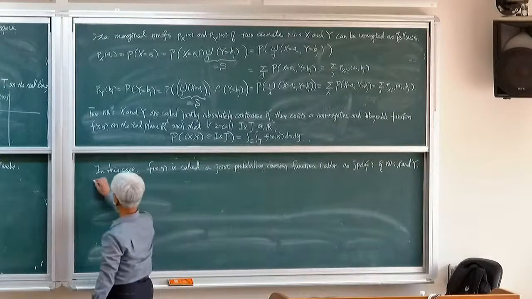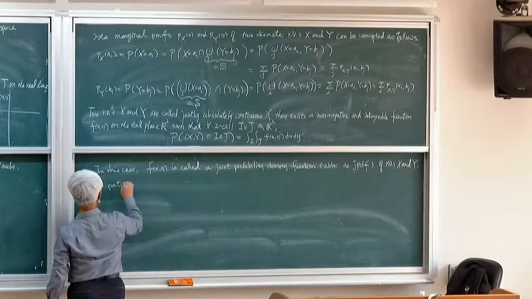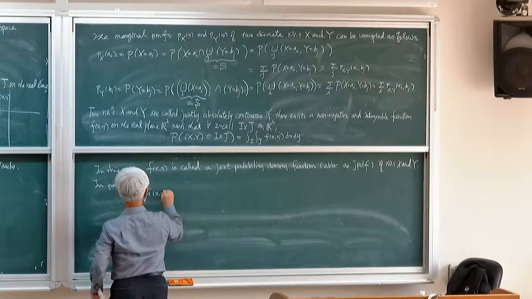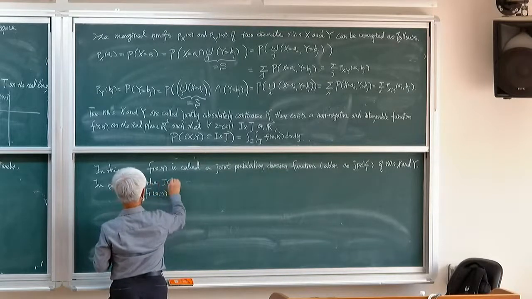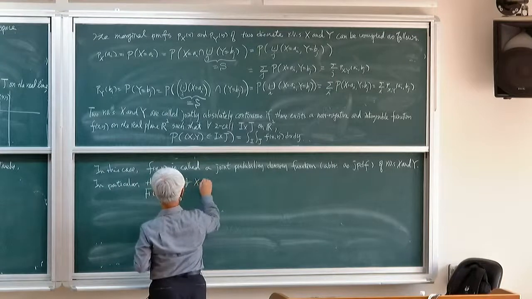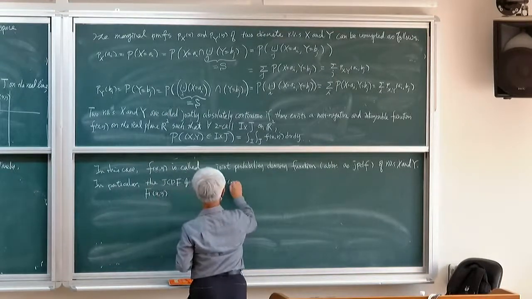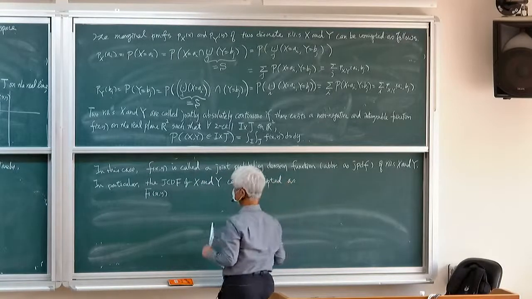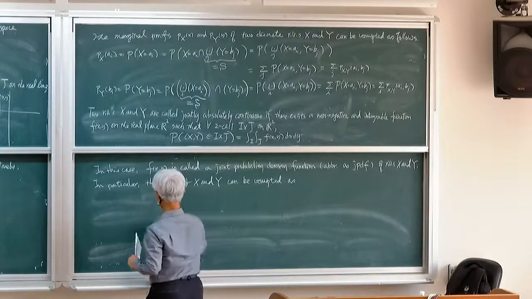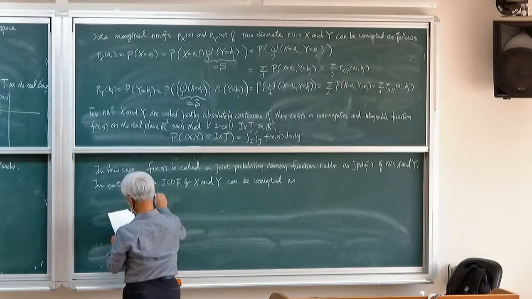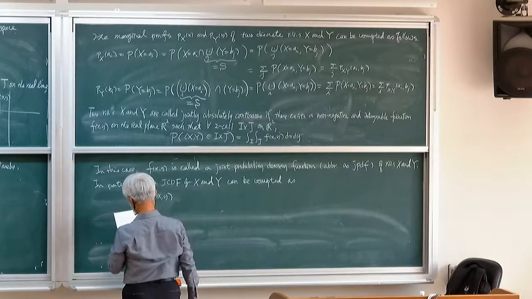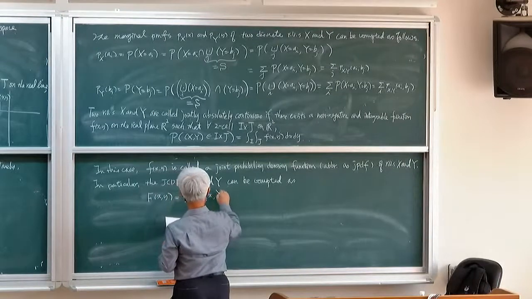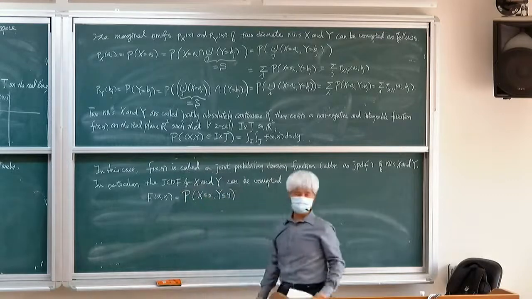In particular, the joint CDF of X and Y can be computed as follows. As we know, this is the probability of X less than or equal to x, and Y less than or equal to y, by definition.